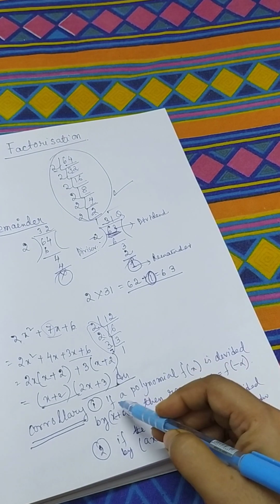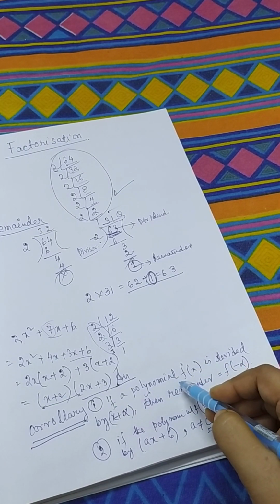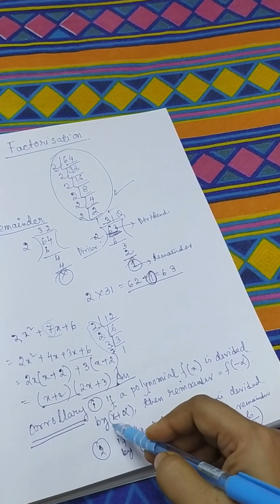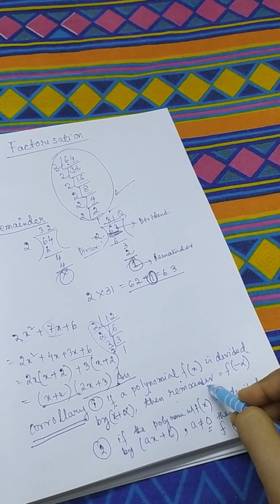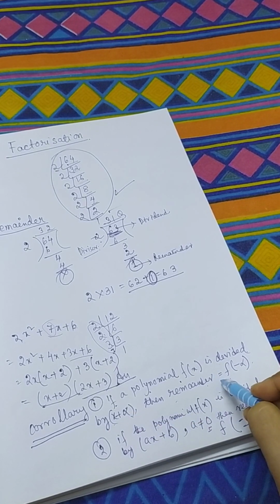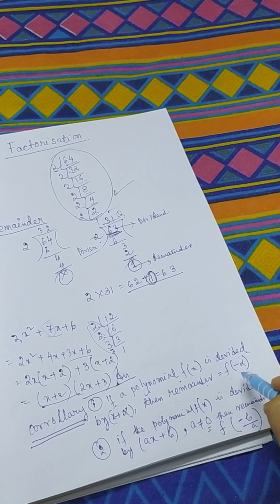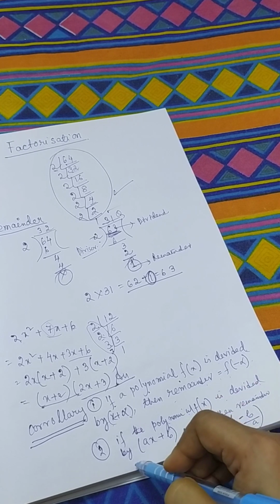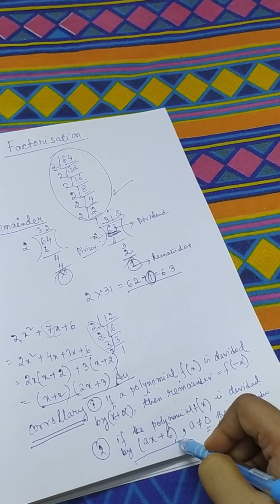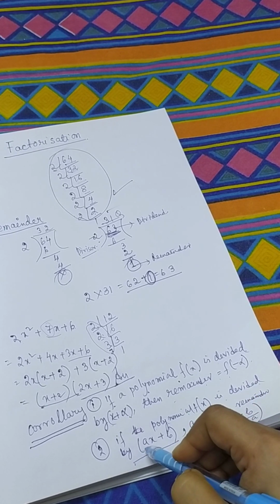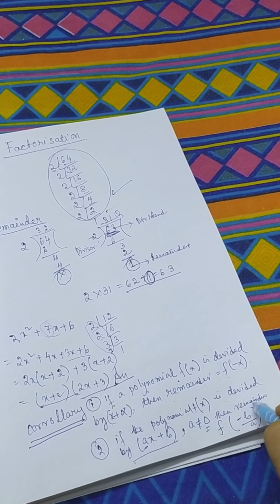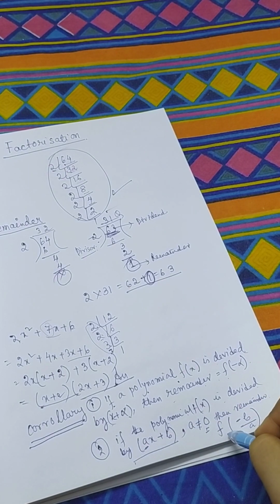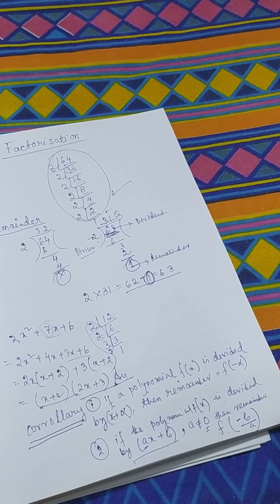Okay, so if a polynomial f(x) is divided by x plus alpha, then the remainder is f(minus alpha), and if the polynomial f(x) is divided by ax plus b, where a is not equal to 0, then the remainder will be f(minus b by a).